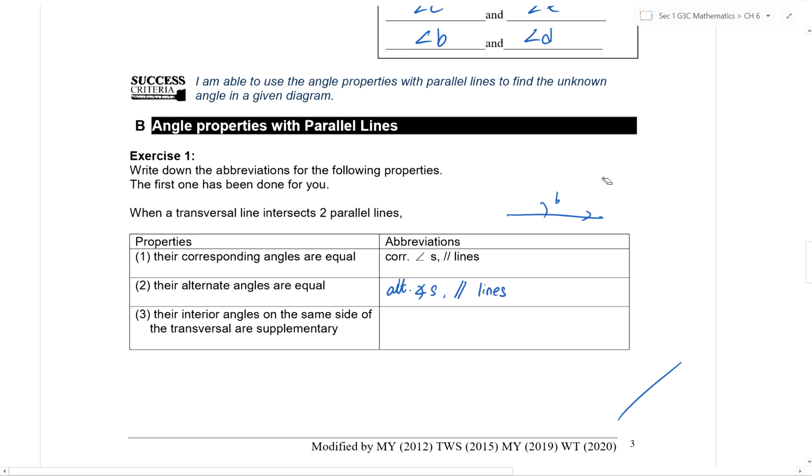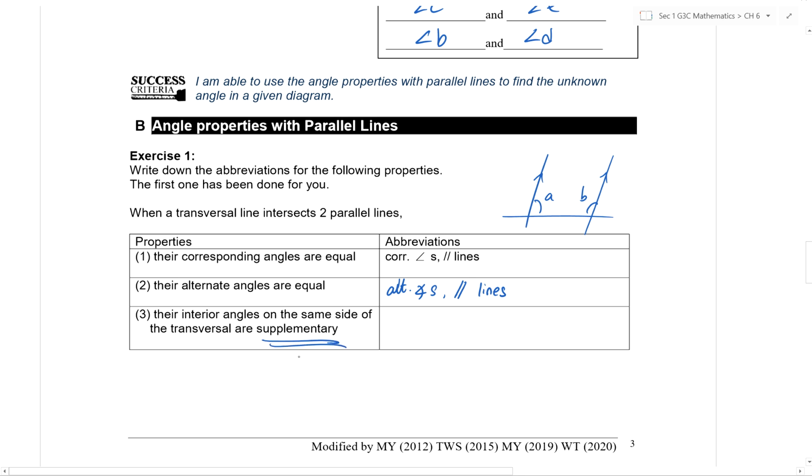For point number 3, interior angles, A and B. Now, A and B are quite clearly different from each other, but there is still a relationship. The relationship is that these two interior angles, A and B, they are supplementary.